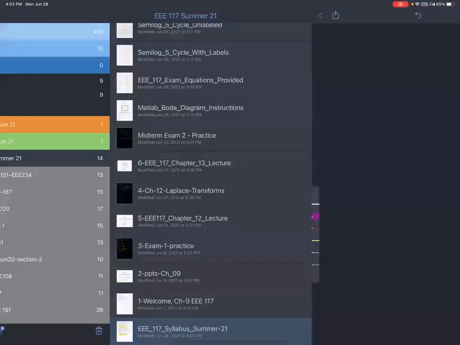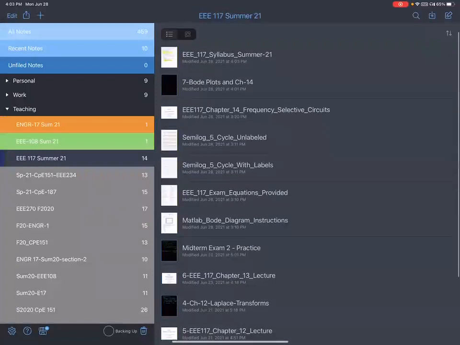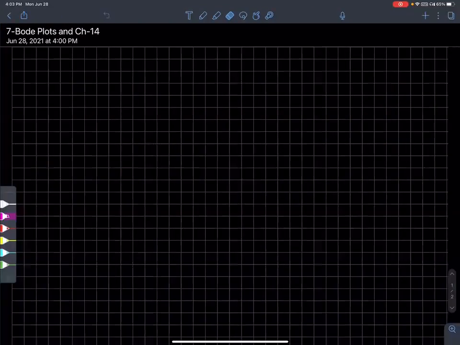So with the idea that you must have finished Bode plots, I'm going to give you some hints, easy tips, very straightforward techniques to remember Bode plots.